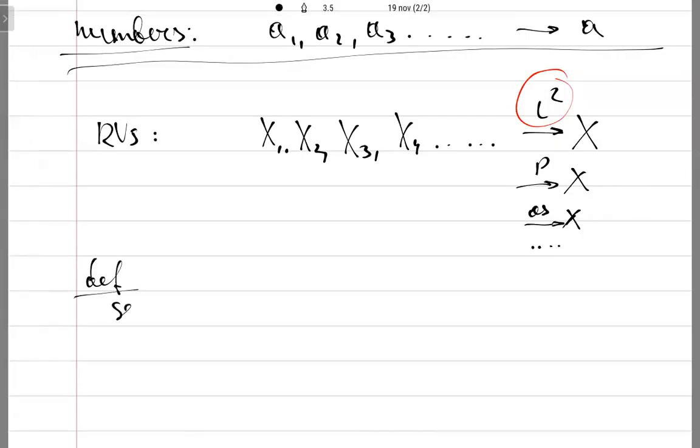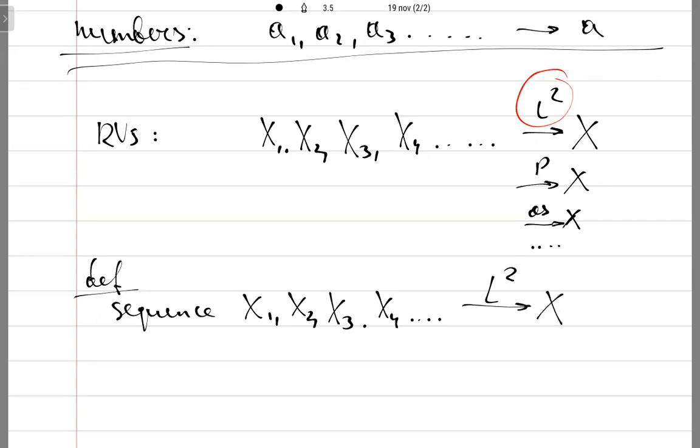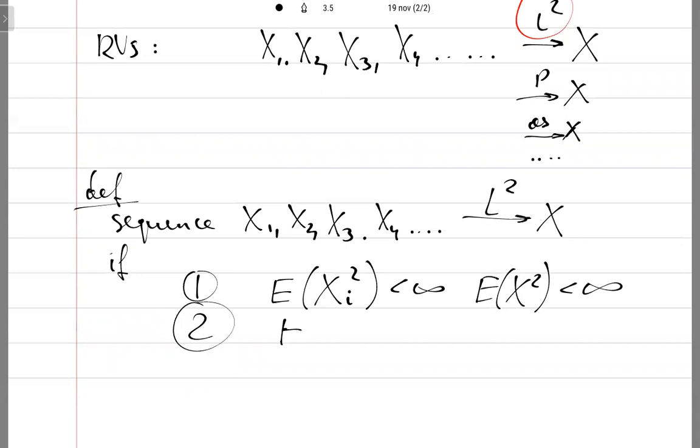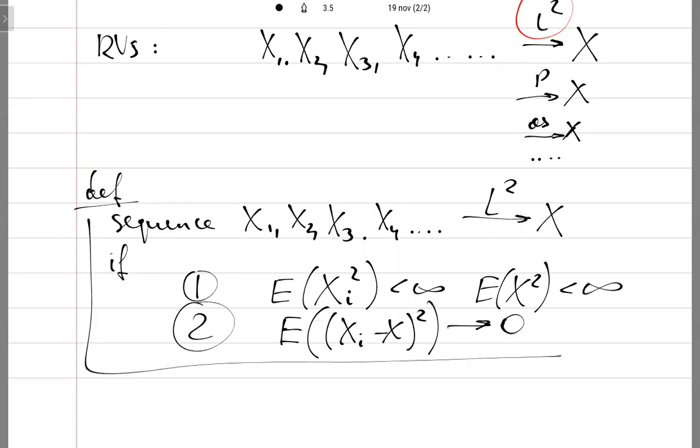We say that the sequence X1, X2, X3, X4 converges in L2 to the random variable X, where X_k are all random variables, if first, the expected value of X_i squared is less than infinity, the expected value of X squared is less than infinity, and second property, the expected value of the square difference tends to 0. It is in the normal sense, because the expected value is a constant and we have only one sense for constant convergence. So this is a definition.